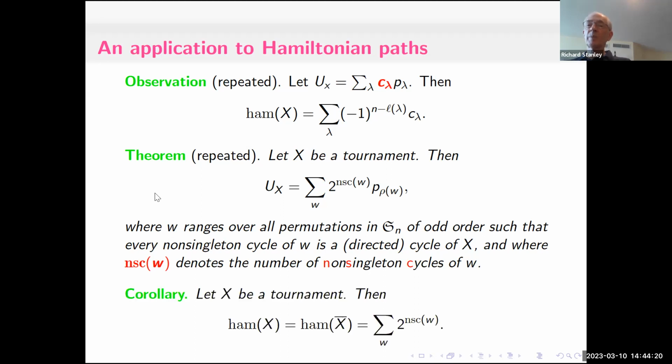So if we just put these results together, we see the number of Hamiltonian paths in X. Well, actually, trivially for a tournament, that's the same as the number of Hamiltonian paths in X bar, because we can just take a Hamiltonian path in X, reverse all the arrows and get a Hamiltonian path in X bar. But it's going to be the sum of all of these allowed permutations, 2 to the NCS number.